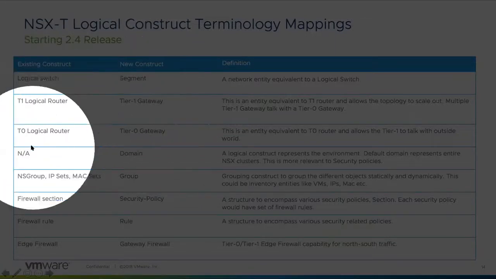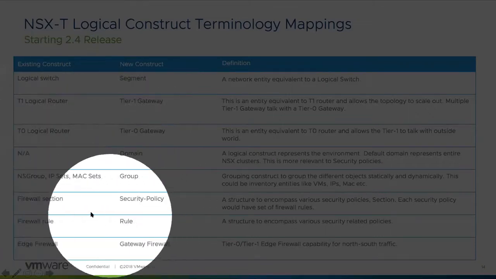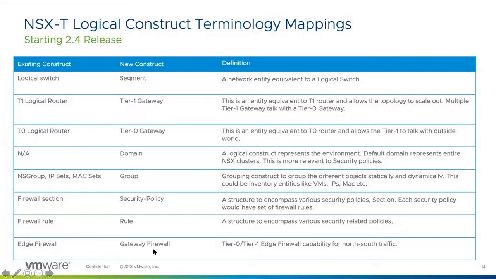Each piece of the pie, as it were, has a different terminology now. Especially if you're going through the exam topics, you need to understand the different terminology mappings, because they might try to throw an old terminology at you in a question and trip you up. So just make sure you're keeping on top of the lingo, as it were, and how that's changed.